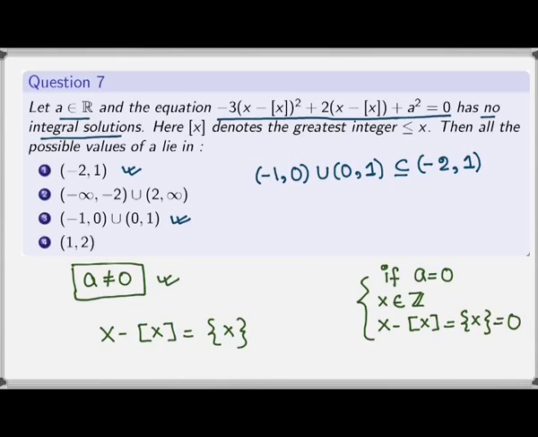And since option 2 and option 4 are disjoint from option 3, that is the set open interval -1 to 0 union the open interval 0 to 1, we can directly conclude that option 2 and option 4 are not correct.